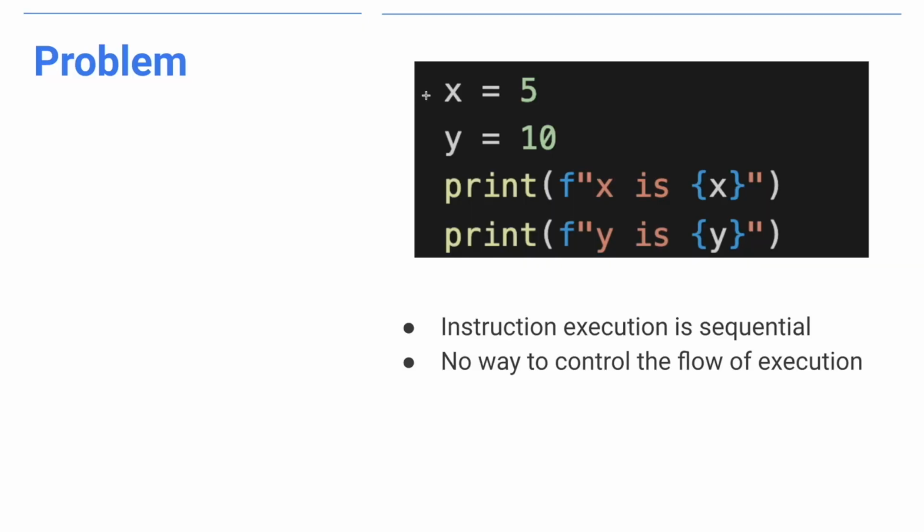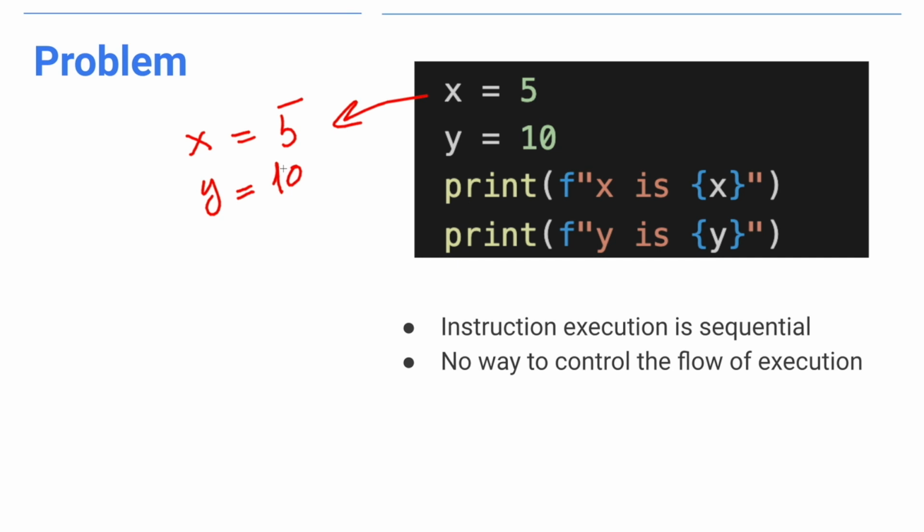So for example, if we look at the code right here, and we want to track how this code will be executed, the first thing that the Python interpreter will do is to assign the value of 5 to the variable x. And then it moves on to the second statement and assigns the value of 10 to the variable y.